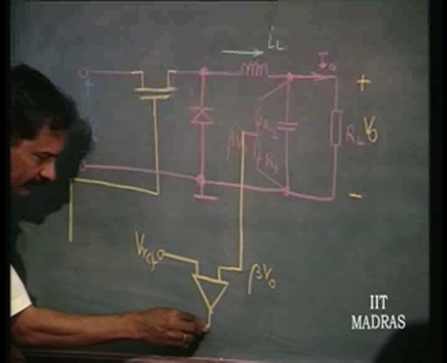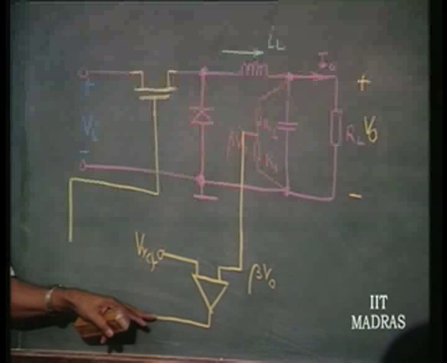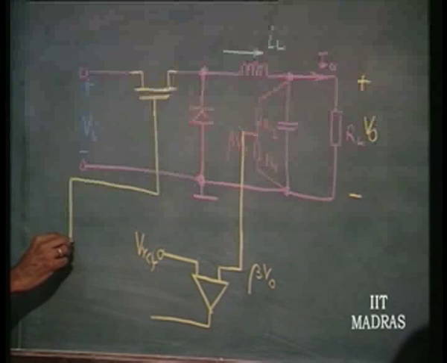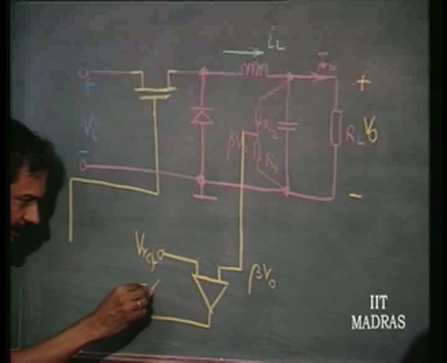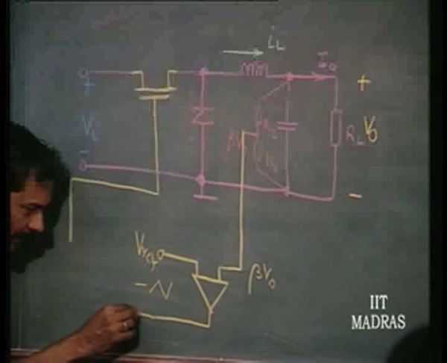This voltage has to generate a pulse train whose duty cycle is controlled by this voltage. Right. So, that can be done by using what? We can now use here, let us say, a triangular waveform and another comparator.